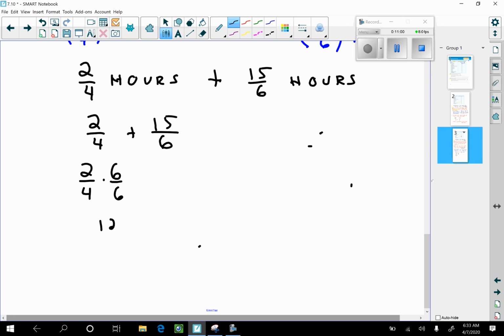That's going to be 12/24. I'm going to multiply 15/6 by 4 over 4. That's going to be 60/24. These are all hours. So that is going to be 72 over 24 hours.